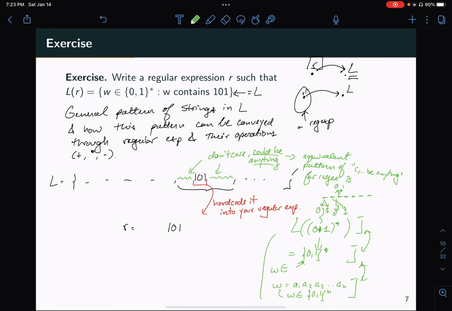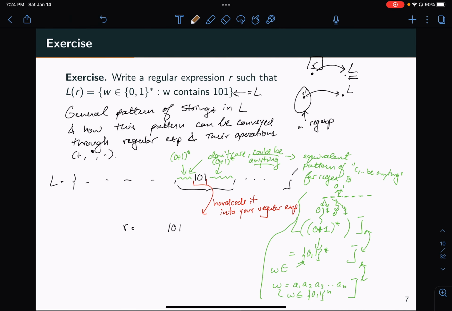Once you've established the pattern for "could be anything", you could have anything, any number of times. Then at some point you have to have the pattern you're looking for, 101. And following that, again, it's the same thing. You don't care what you have.